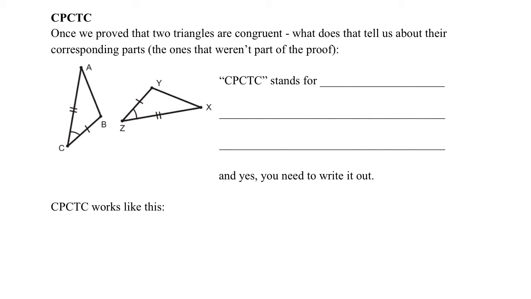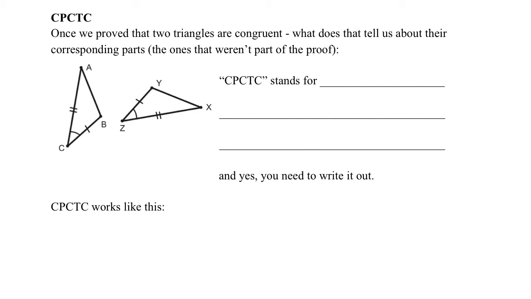If you know that two triangles are congruent, then you can say all their other corresponding parts are congruent. So I already know that segment AC is congruent to XZ. I already know that angle ACB is congruent to angle XZY. And I already know that side CB is congruent to ZY.